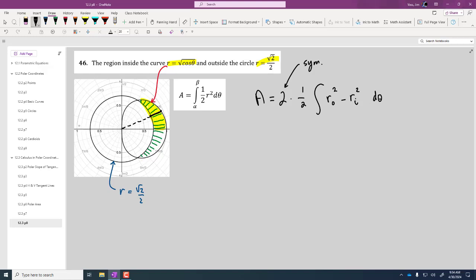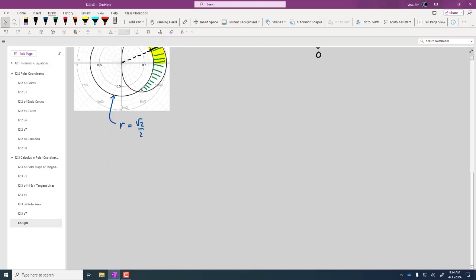And then our limits of integration, if we look at the graph, they appear to be 0 to pi over 3. All right, that looks like the intersection point is at pi over 3. If it's not totally obvious by inspection, then we set the curves equal to each other and figure out where they intersect. So let's do that just to make sure we know how to do that.